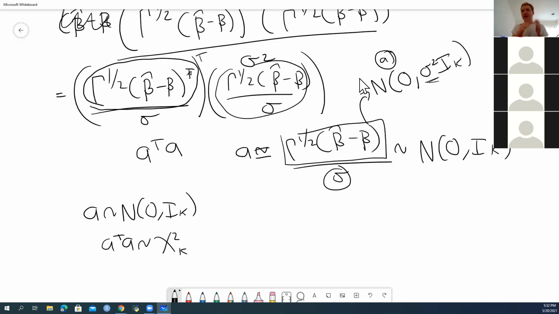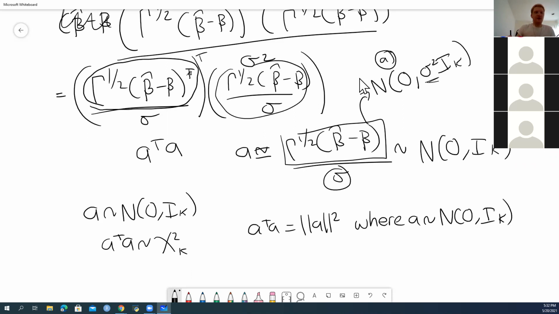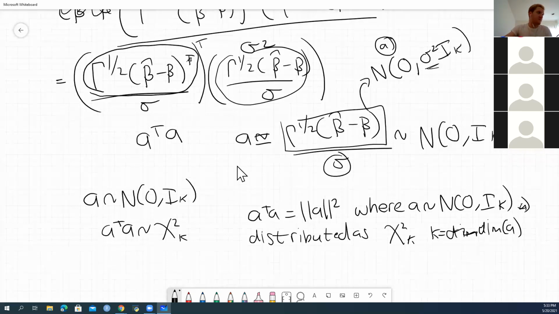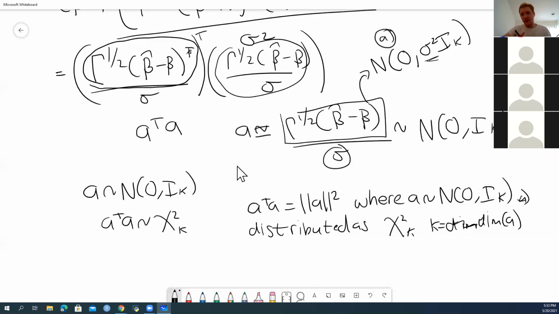Because A transpose A, which is also the length of A squared, where A is distributed as normal, 0, and the identity matrix, is chi-square with k degrees of freedom, where k is the dimension of A, the number of rows of A. And that's a theorem you got from the slides from class. So notice how we've solved for what this was, and we just divide by sigma to get it standard normalized, and then we can go from there.